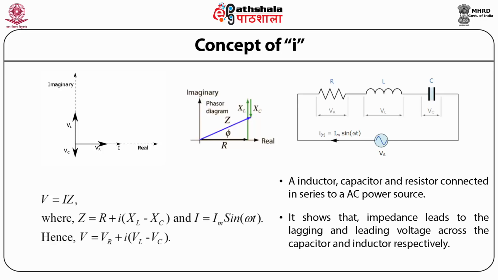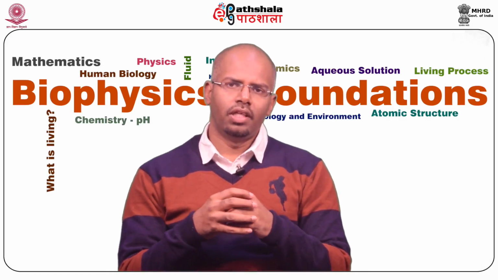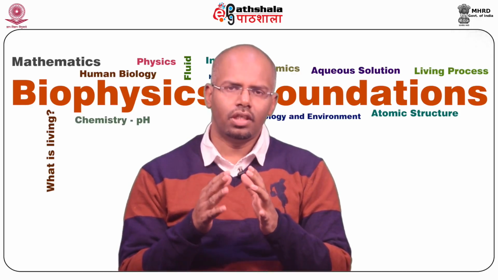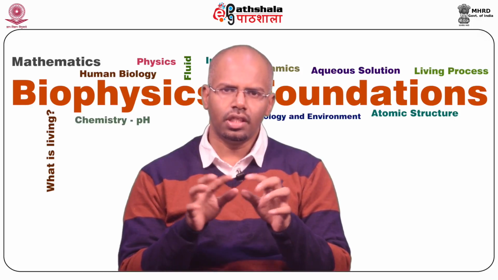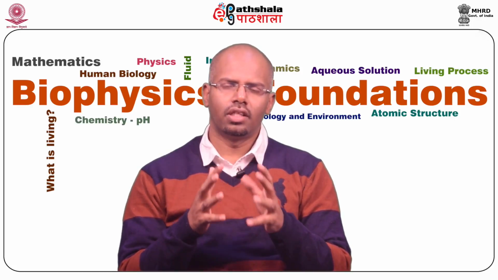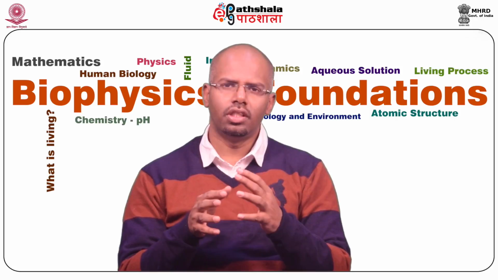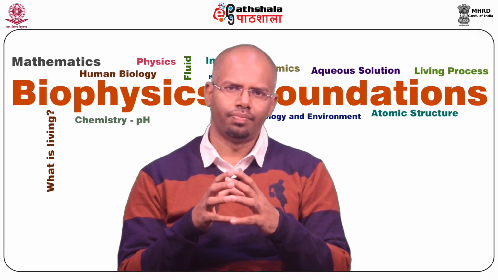It shows impedance leads to the lagging and leading voltage across the capacitor and inductor respectively. Using the complex plane, we can represent voltages across resistors, capacitors and inductors in a circuit, and most electrical circuits contain all three or at least the first two.